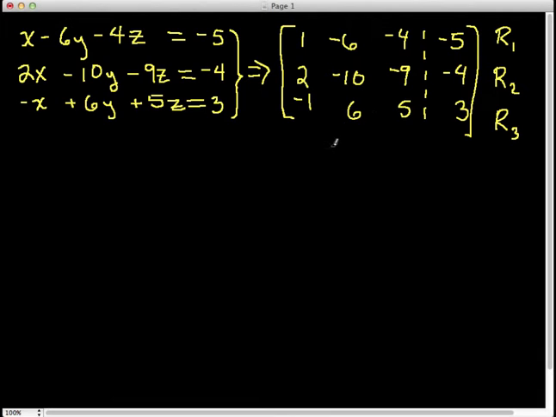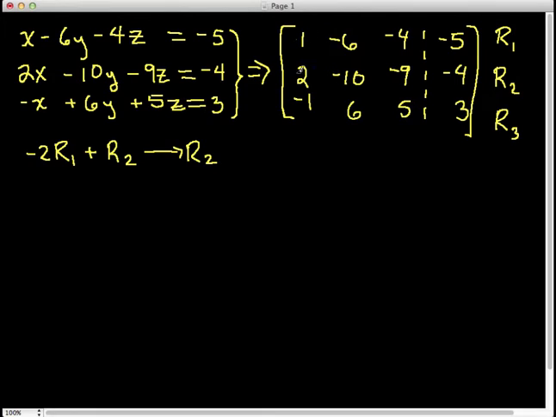So as a first step in this process, I like to see if I can take the first row and use multiples of that row added to these others, and see if I can eliminate, that is, make zero, these numbers that happen below this non-zero number up here. So that's what I'm going to do. Now if I do that, I see pretty easily that if I take the first row, multiply it by -2, and add it to the second row, that will produce a new row 2.